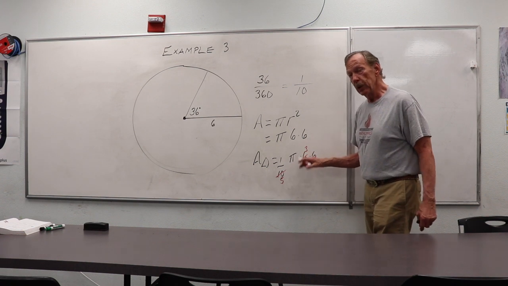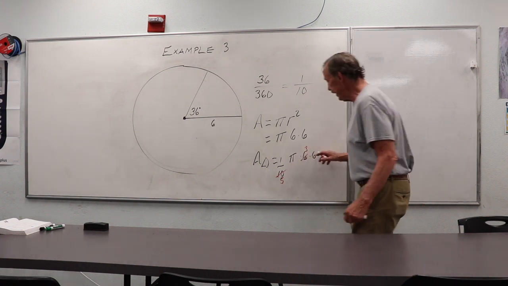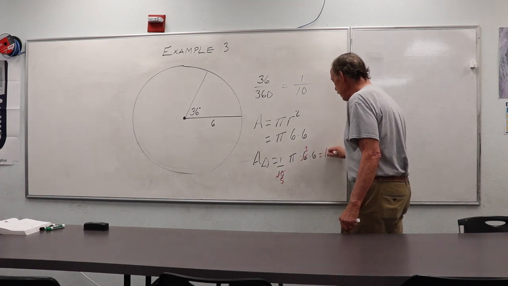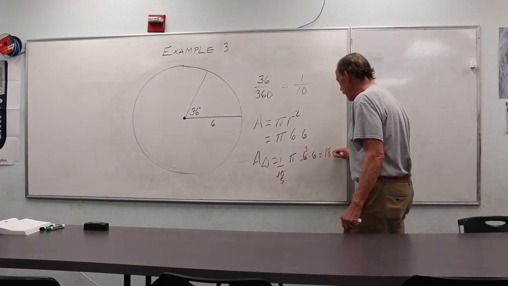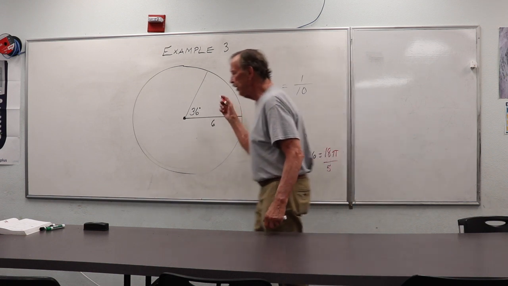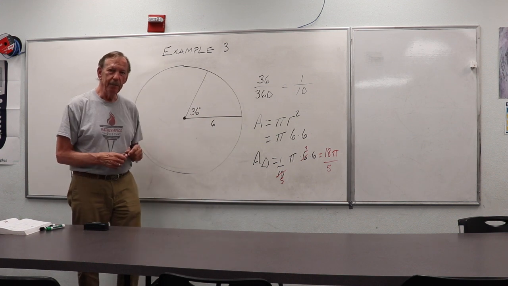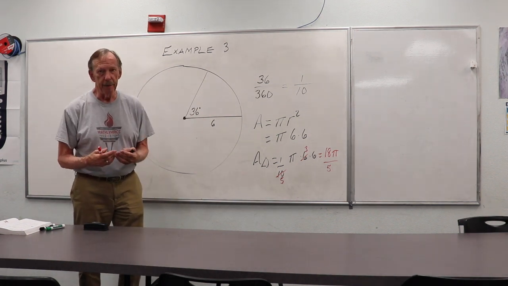At this point, we're done reducing, so we've got 18 pi over 5. The area here of this sector, 18 pi over 5.